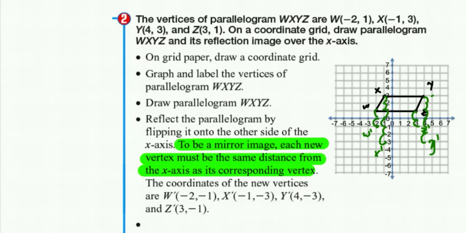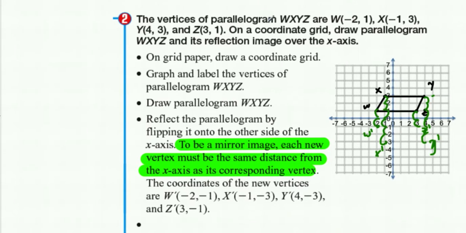All we need to do is connect those points again with a straight line. Point Y connects to point, what's my other one? Z prime, right there. Oops, not straight. Let me make that straight.